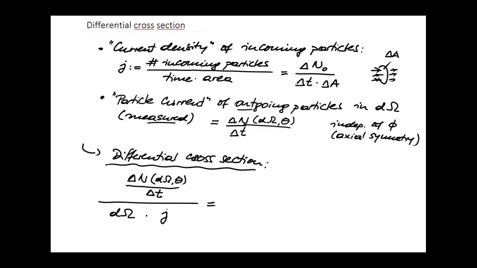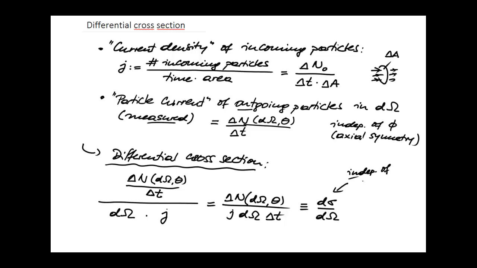So let me first write this in a nicer form. And this is called the differential cross-section, d sigma over d omega, and that should no longer depend on the incoming current density, and it should no longer depend on the spatial angle covered by the detector, but it will still depend on the scattering angle.